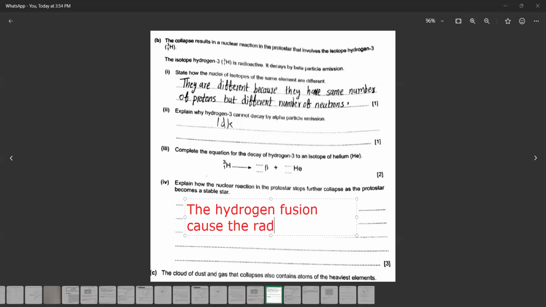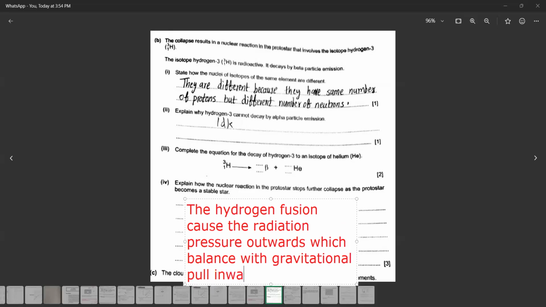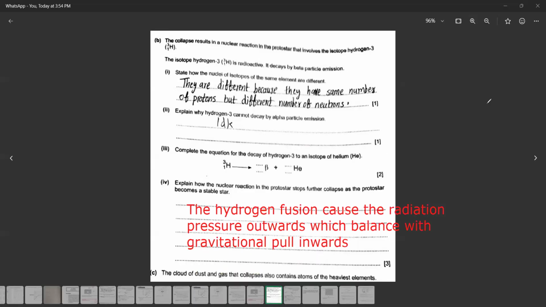It causes radiation pressure outward, which balances with the gravitational force or pull inwards. Because of the fusion of the hydrogen, it releases radiation outward, and this outward radiation pressure balances with the force of gravity which is pulling everything together. Then the star will be a main sequence star, also called a stable star.